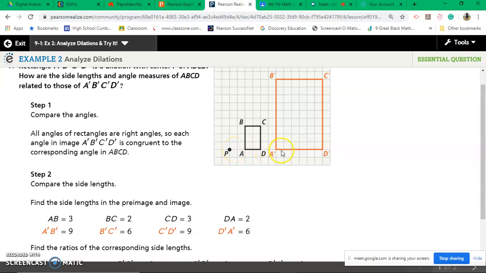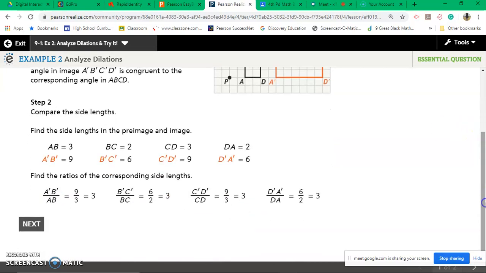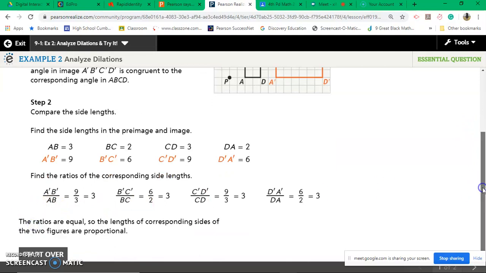Still multiplying by 3. So this is just showing you why 3 is the scale factor, how they're all related by 3. 9 over 3 is 3. 6 over 2 is 3. And the same thing for the other two sides. So they're all proportional by a scale factor of 3.